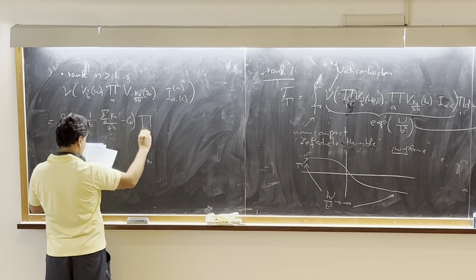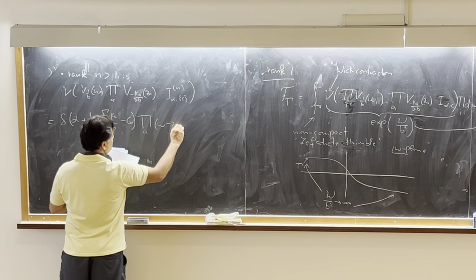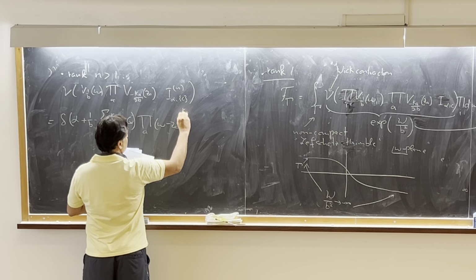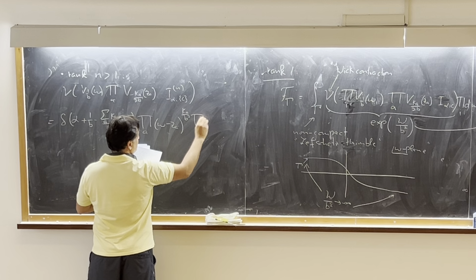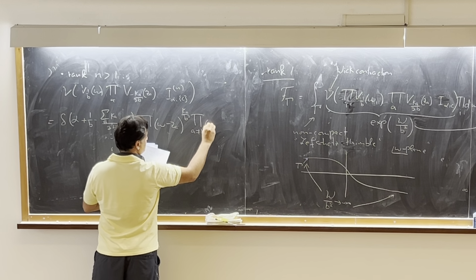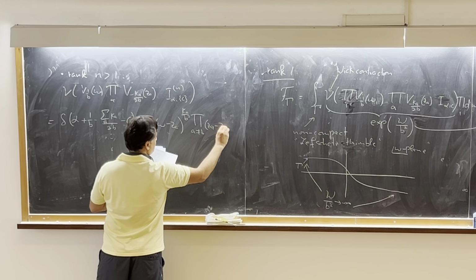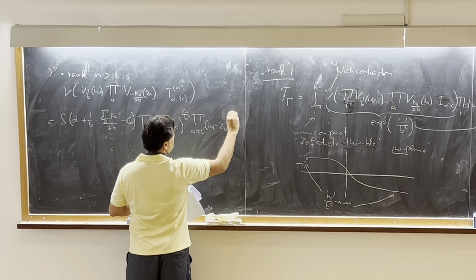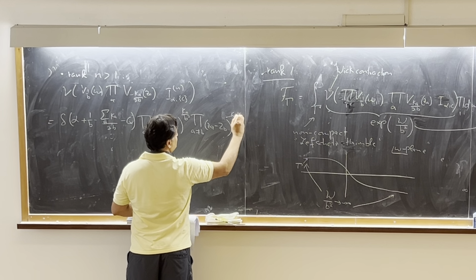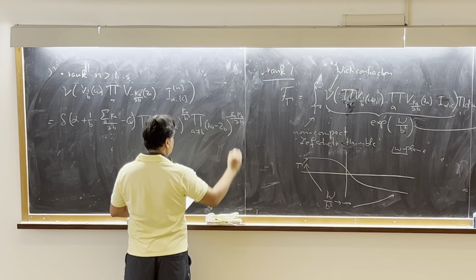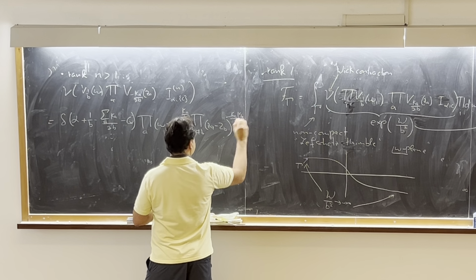And then you have a product of (w minus za) to the power ka over b squared. This is still all the same. So you have minus ka over 2b squared.